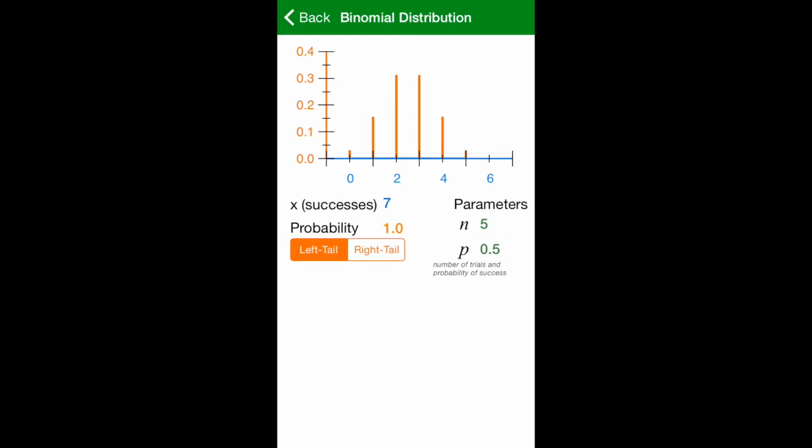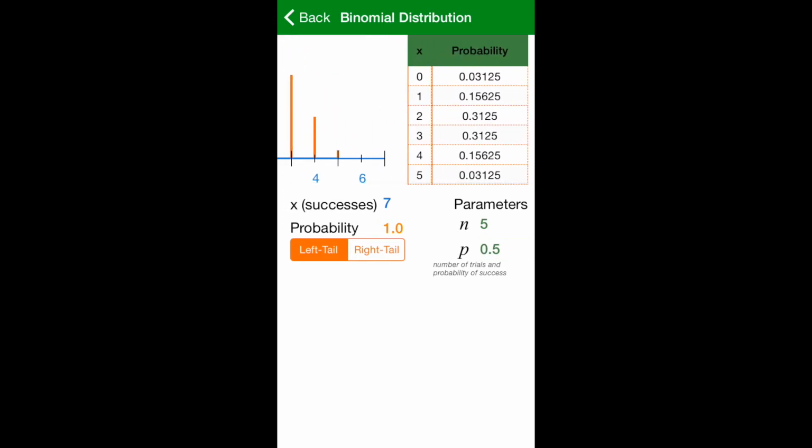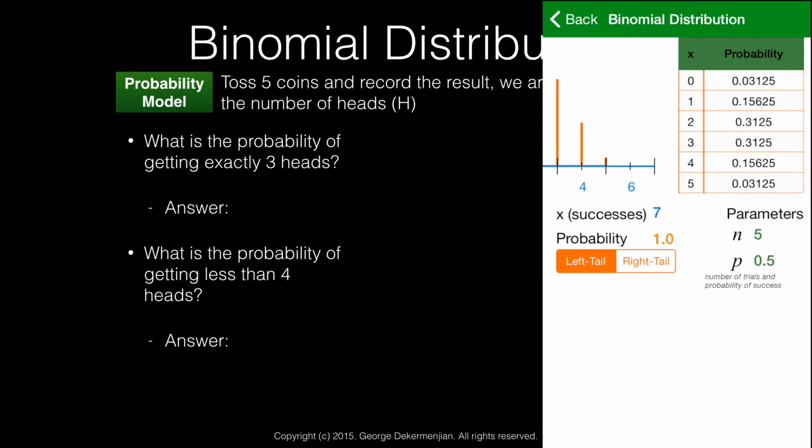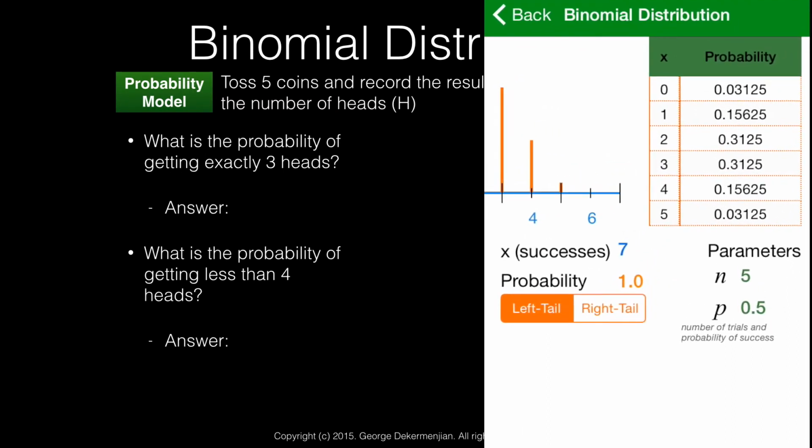And then I'm going to swipe over here to reveal this table. This is the table we're going to use to answer these questions. The first question is, what is the probability of getting exactly 3 heads? If you look at this table under 3 for x, the answer is 0.3125, or about 31.25%.